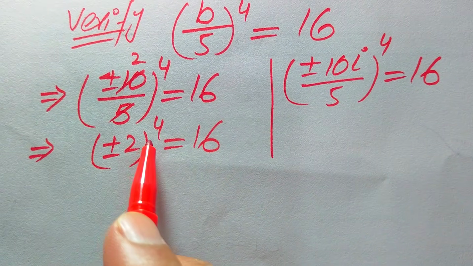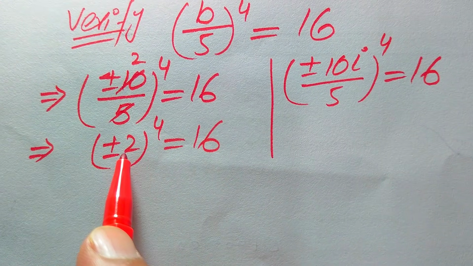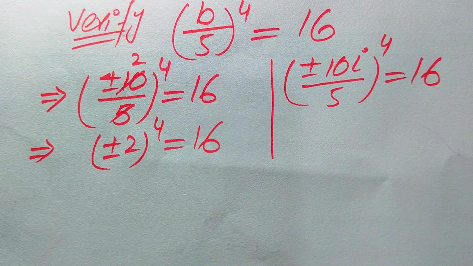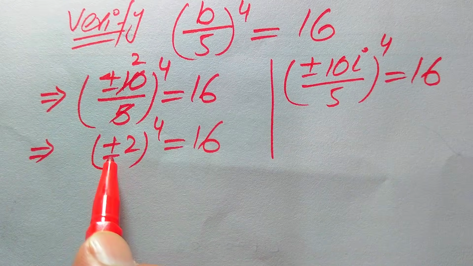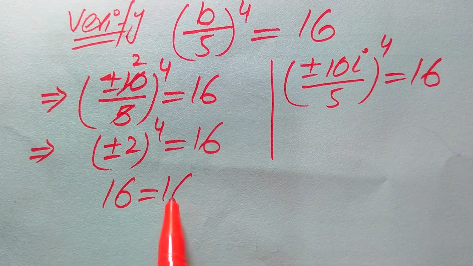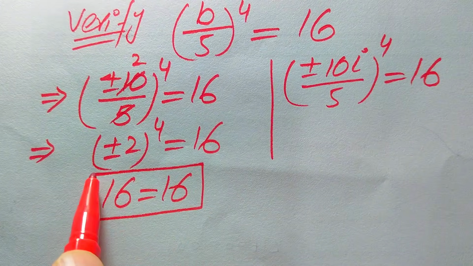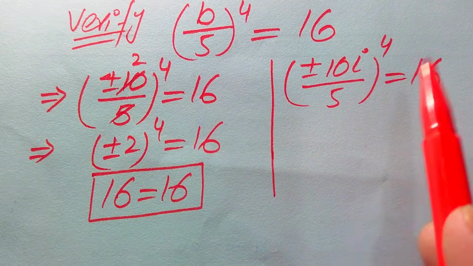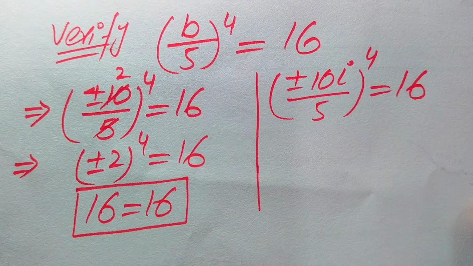And we know that if the base is negative and the exponent is an even number, the result becomes positive. So this plus minus becomes plus, and 2 to the power of 4 equals 16, so 16 equals 16. This shows that both sides are equal. It means that b equals plus minus 10 satisfies our given question statement.